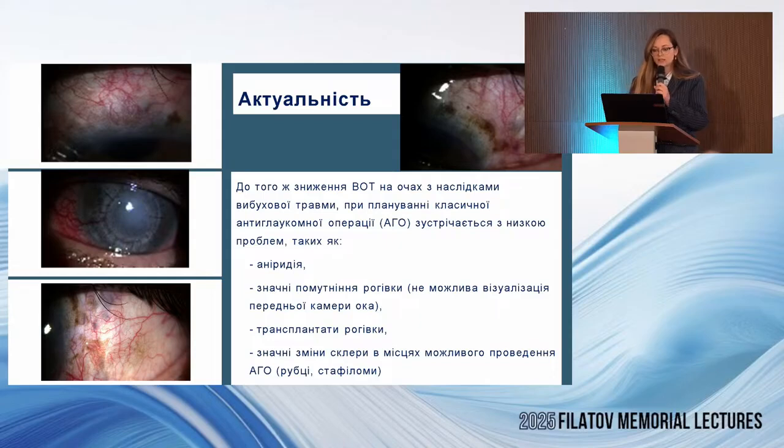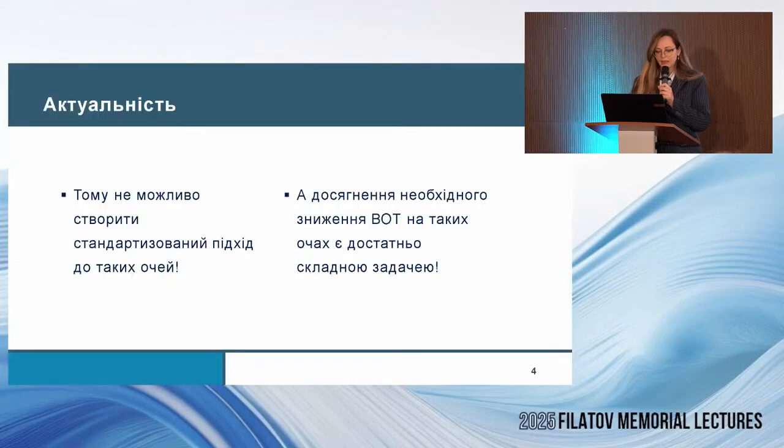The decrease of intraocular pressure in post-explosion eyes during glaucoma operations faces certain problems like aniridia, iris blurring, iris transplants, changes of the sclera at the locations of glaucoma operations.